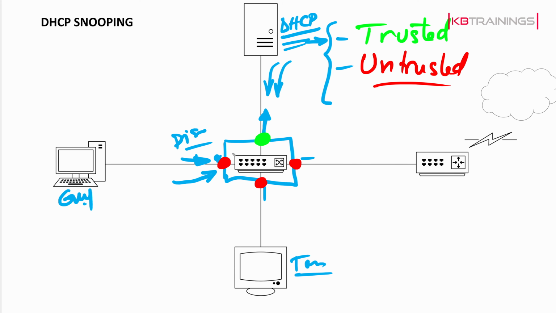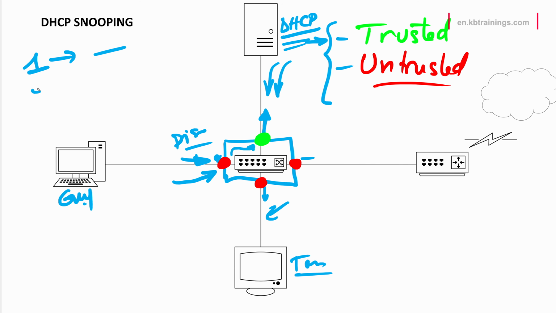It will only be sent to a trusted port. That's it. That's how you protect your network. So first, Tom is going to be sitting here. He's not going to see any discover from anybody because he's sitting on the wrong port. He's on the wrong side of history, right? So he's not going to see anything, but only our DHCP server would see it. That's first, okay?